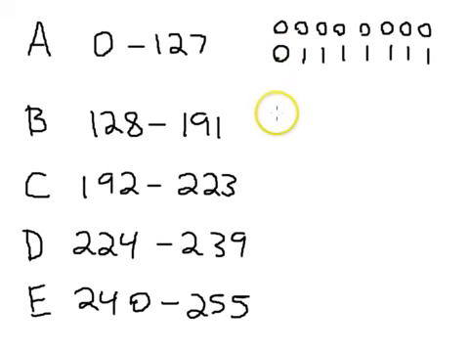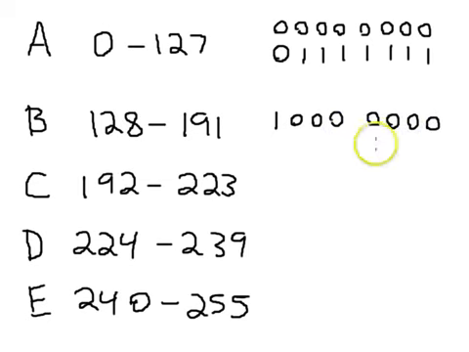Class B addresses, the first octet, begin with a 1. The first one, 128, is 1, 0, 0, 0, followed by a few more zeros.